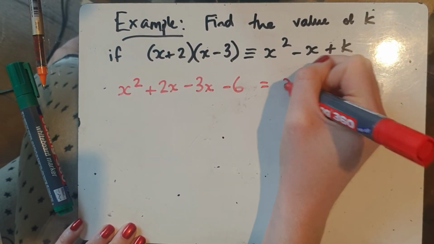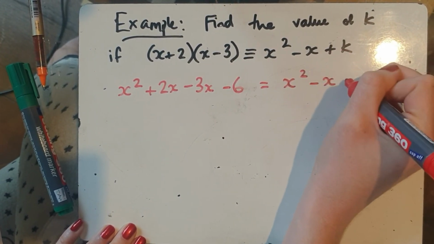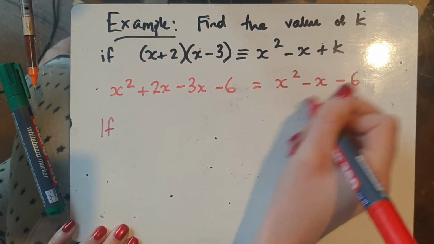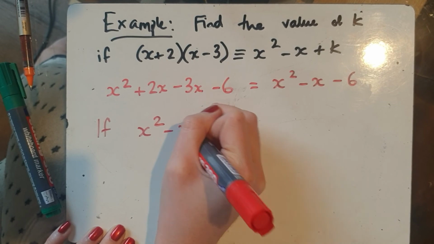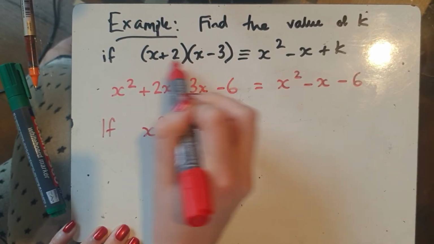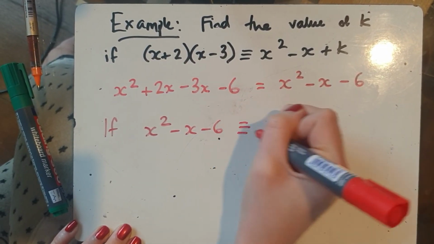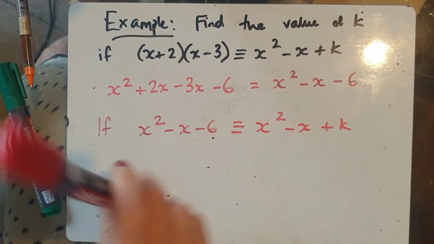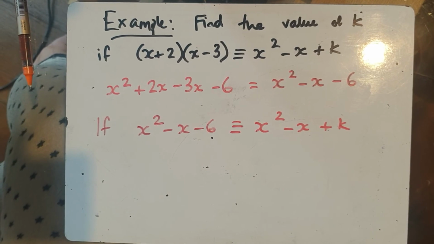And that will turn into x squared minus x minus 6. Now if we want this side, x squared minus x minus 6, which has come from multiplying this out, to always be equal to x squared minus x plus k, then we have to compare the two sides.